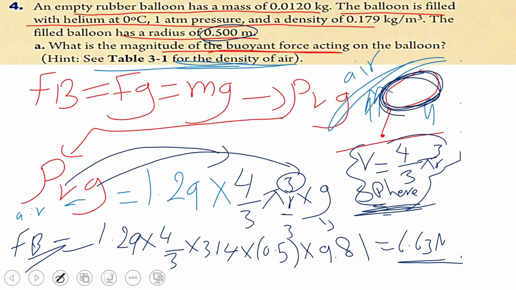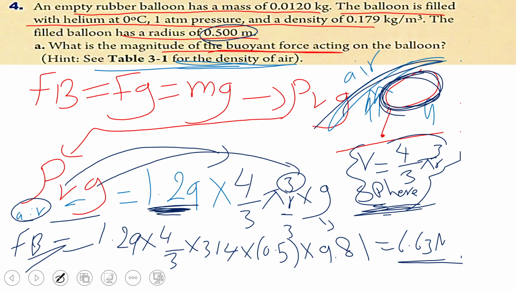Students, same thing, same rule, only here there are some new things. The density, we have to write the density of the air, not water, because the balloon goes upward in air, not under the water.